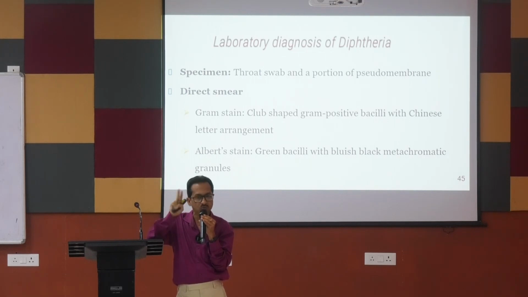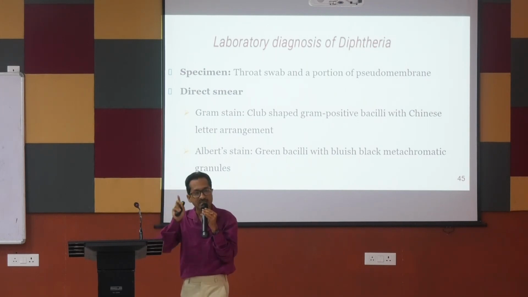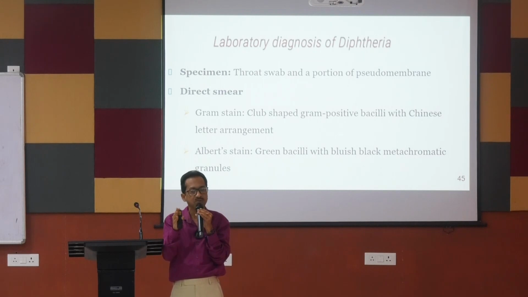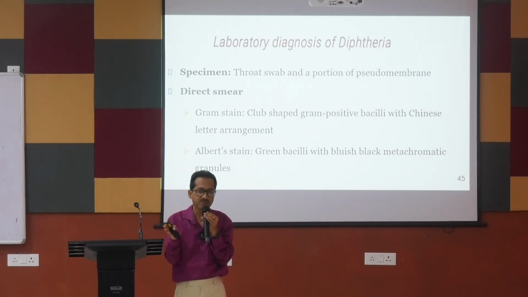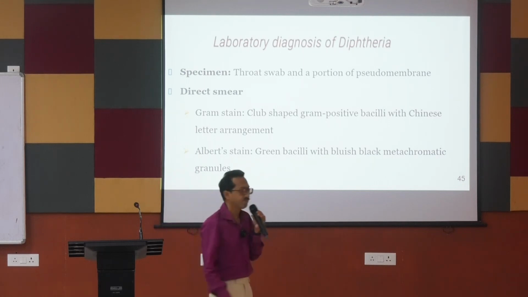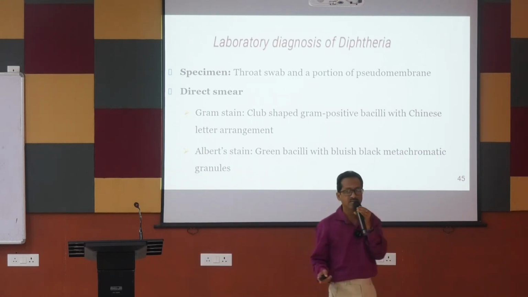Always send at least 2 swabs because staining is very important. One swab is for staining, either gram stain or Albert stain, and another swab for culture. So always send 2 swabs when you suspect a case of pharyngitis, streptococcal pharyngitis or diphtheria, so that contamination does not occur.